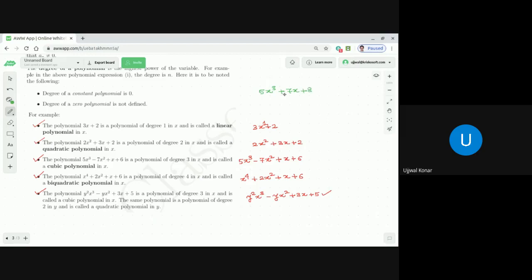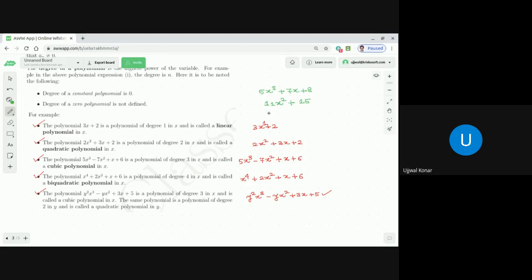This is a polynomial expression, and not only that, it is a cubic polynomial. Why? Because the maximum power of x is 3. Suppose we have 11 into x square plus 15. Yes, that is a quadratic polynomial. Why? The power of x is 2.